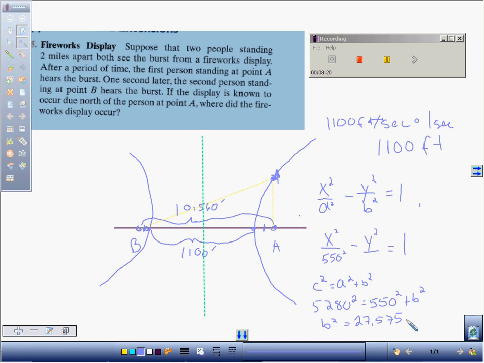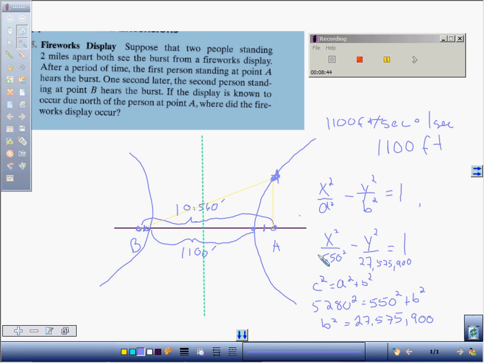Sorry, 27 million, 575,900. Okay? And then, you don't have to unsquare it because the formula just wants b squared in it. So we have 27,575,900, this big, huge number in here.